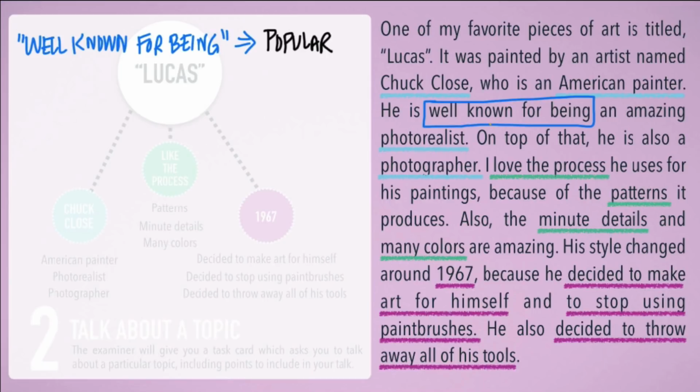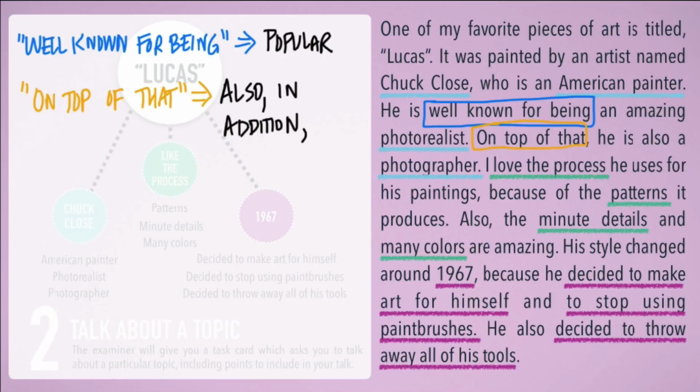The pattern I want us to look at is on top of that. So on the left side, on top of that. Now, this pattern is used when you want to say also or in addition.